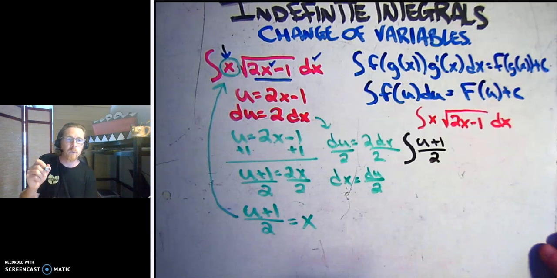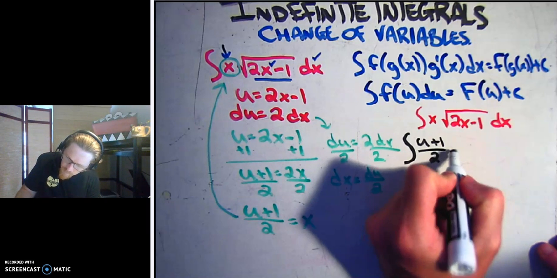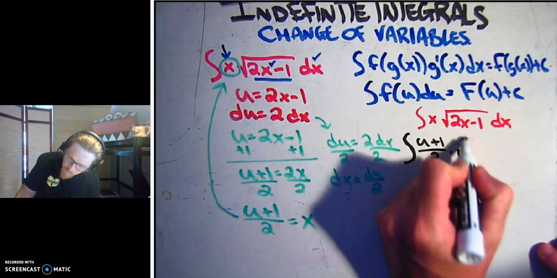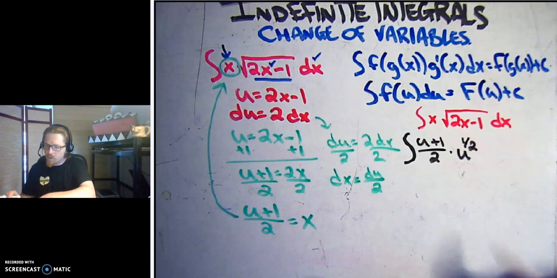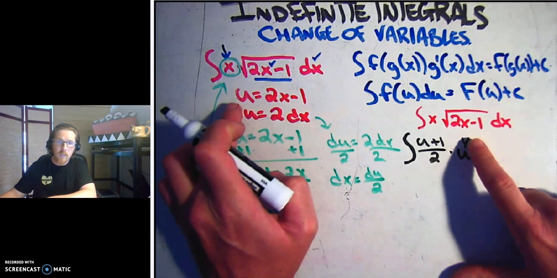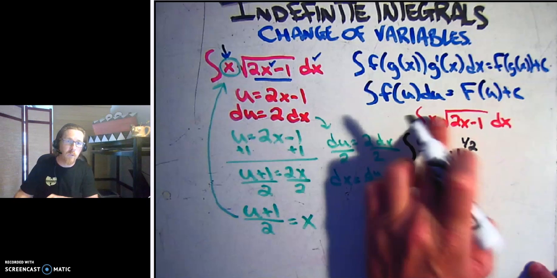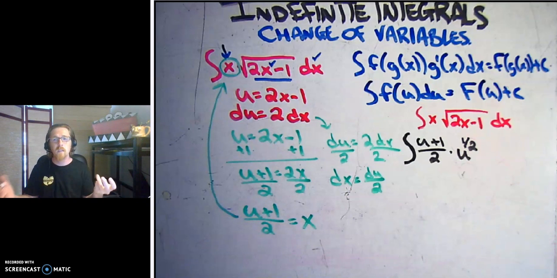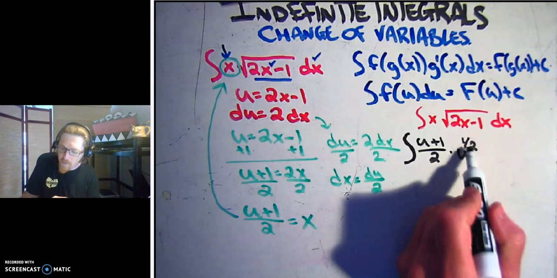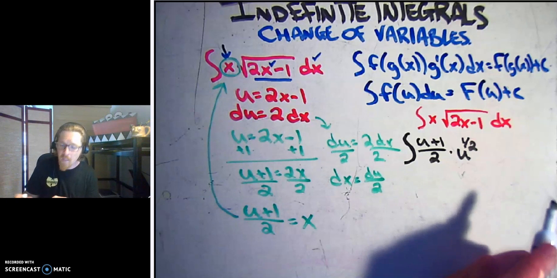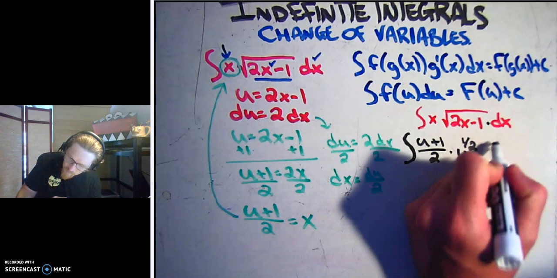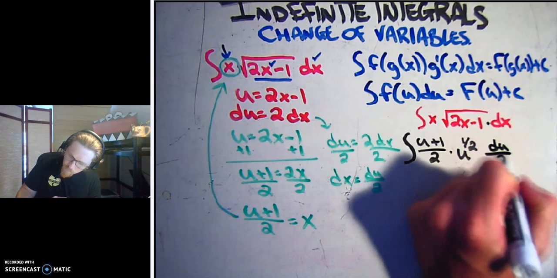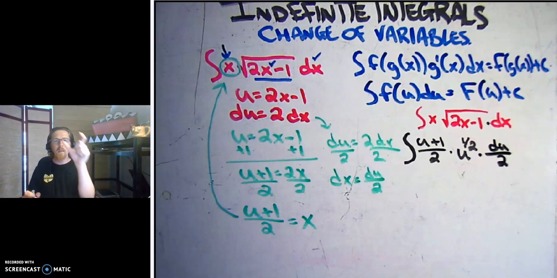Instead of the square root of 2x minus 1, I have a square root of u, and I'm going to rewrite it as u to the 1/2, because remember, 2x minus 1 is what u is, and so the square root of 2x minus 1 is really the square root of u. I'm just going to write it like this because I'm going to use my power rule. And then dx isn't dx anymore, it's du over 2. So I took my problem and I've rewritten it in terms of u.